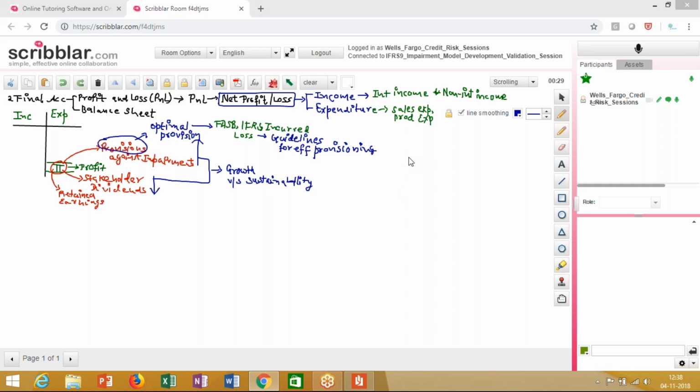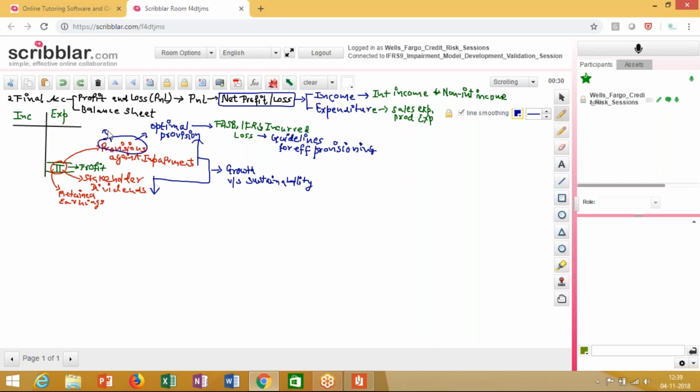So Basel's key focus is on the unexpected losses, whereas IFRS 9's focus is on the provisions, that is the expected losses. If you see over here, the provision that I'm talking about is essentially a P&L item. And as we would see later, I would come down to this part.